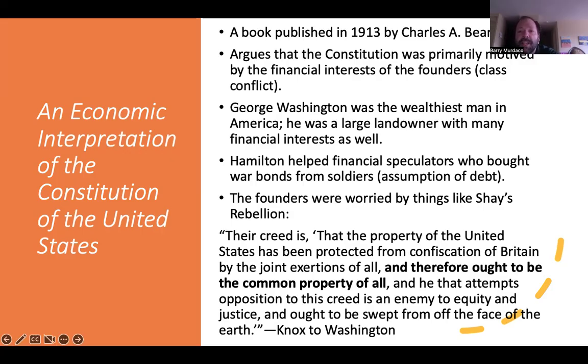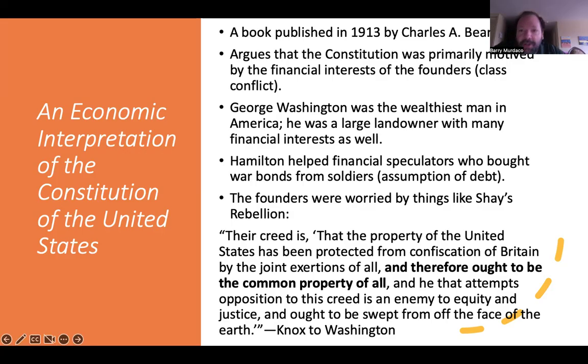But Beard basically says that the Constitution was primarily motivated by the financial interests of the founders. That they basically wanted to make sure that they had the greatest share in the government overall, and they wanted to keep out or minimize the role of people who either did not own any property at all, or owned very little.